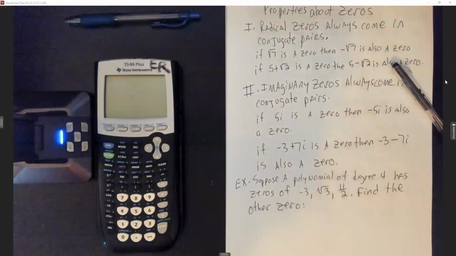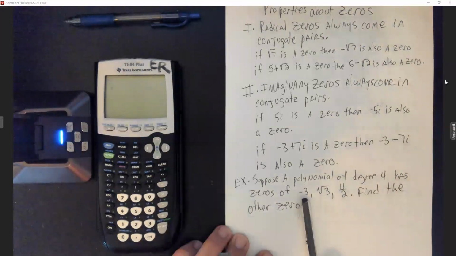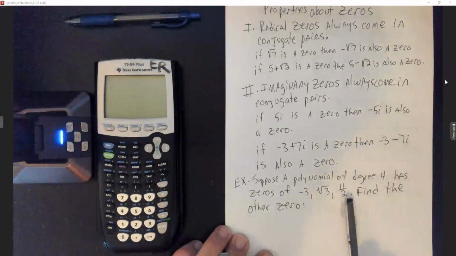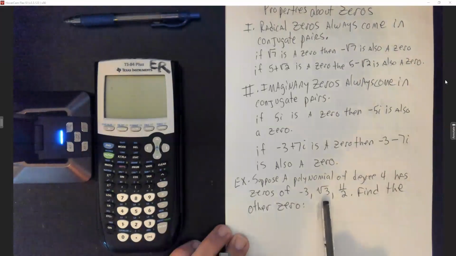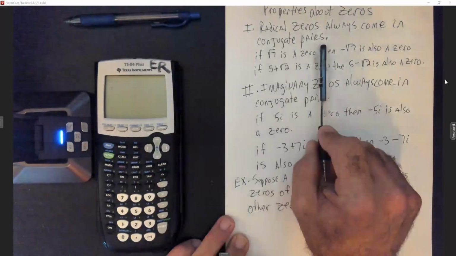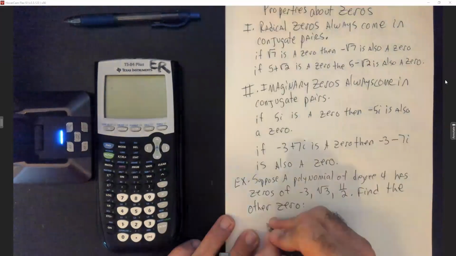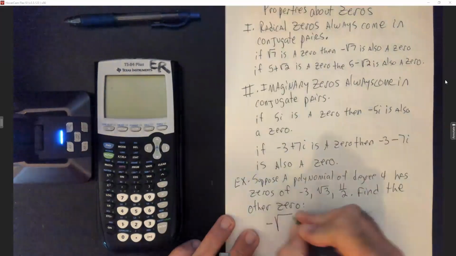So they want me to find the other zero, and that's not going to take much work because I know what we just wrote above. I can't know anything about the -3 or the 11/2, but I do know that the square root of 3 is a radical, and radical zeros always come in conjugate pairs. So the other zero would be negative square root of 3.